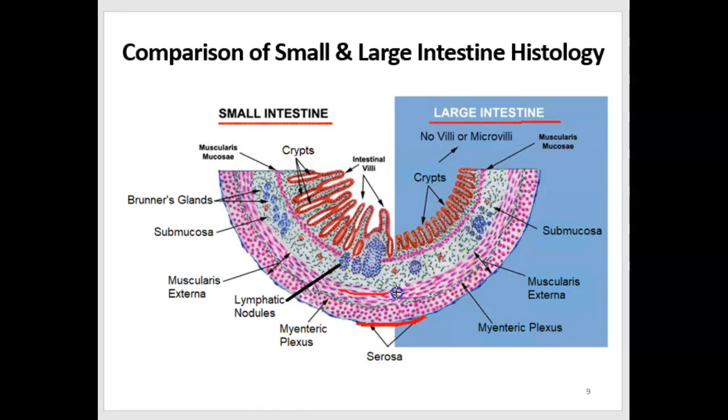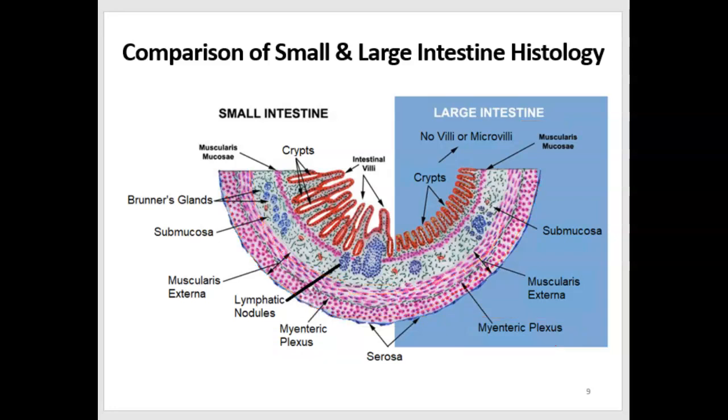One layer runs circularly and one runs longitudinally, and that's true in both the small intestine and the large intestine. And within the layers of smooth muscle is part of the enteric nervous system, a network of neurons called a plexus. And since it's in the muscle, we call it a myenteric plexus. And that's true in both the large intestine and the small intestine.